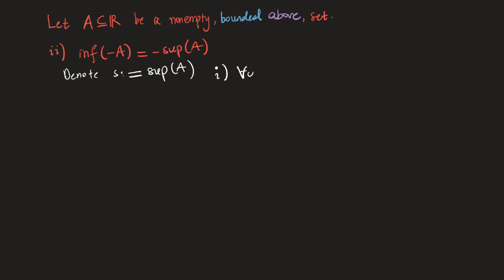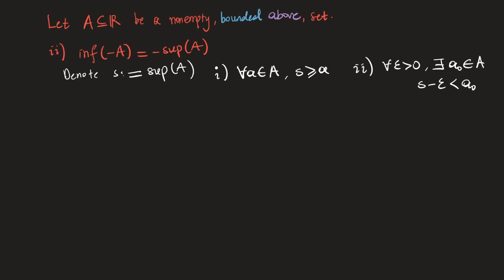For any a in A, S is bigger than or equal to a. Now in the second condition, for any given positive real number epsilon, there exists a0 in the set such that the supremum minus epsilon is less than a0.